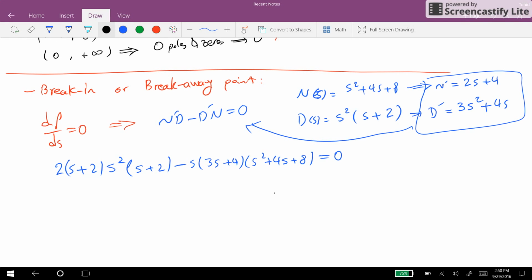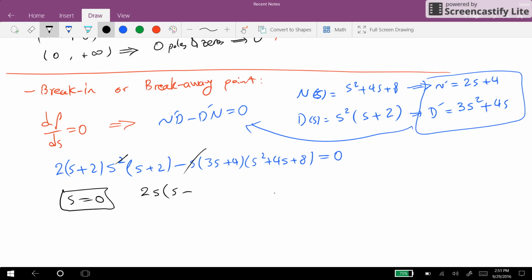By looking at this, we will get s equal to 0 as one of the roots. So this s from here and the power of 1 from the s here will be cancelled. We have s equal to 0 as one of the roots of d rho over ds equal to 0.